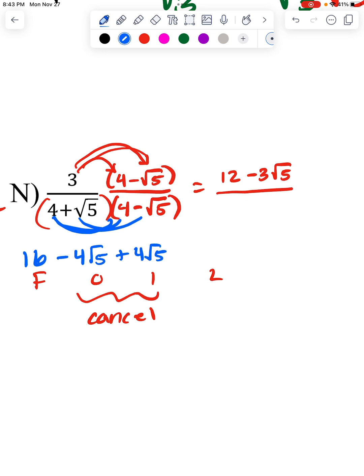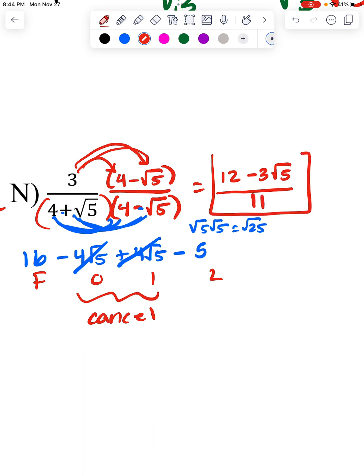And then this last part, can you see that you're going to have a positive times a negative, so negative, and you're going to have root 5 times root 5, which is going to turn into a regular 5. Because technically it's the square root of 25. So what always happens if you use that opposite sign conjugate is these will cancel, and the last thing becomes a number. So I have 16 minus 5, so the bottom is just going to be an 11.